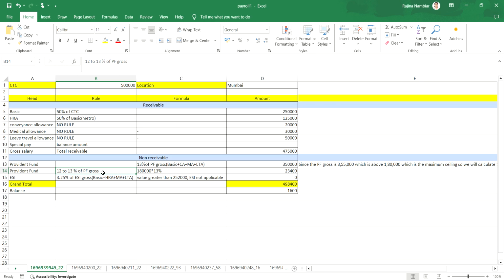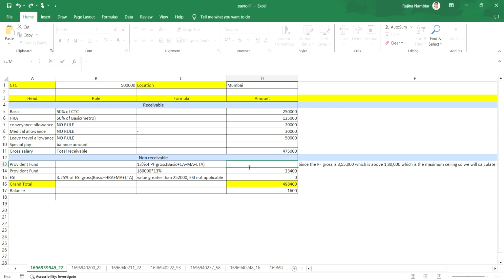So generally the employer has to pay 13% of your PF gross. So your PF gross will be, we put the condition equal to round off, because generally salaries are not calculated in decimals.